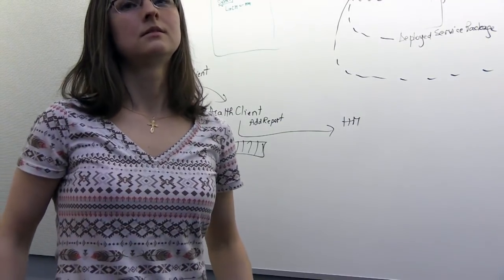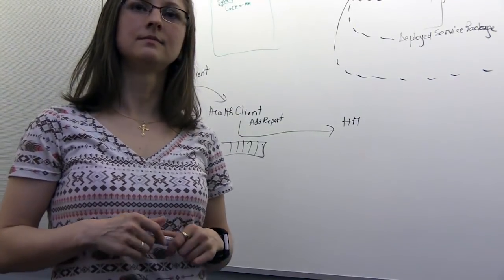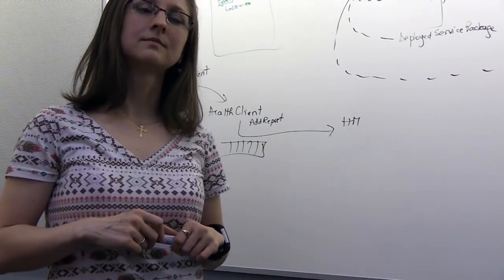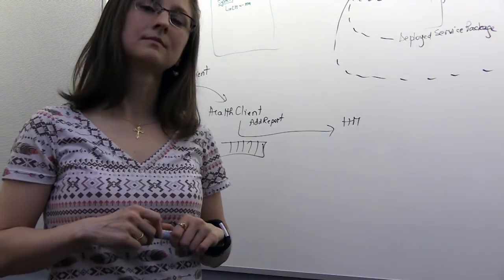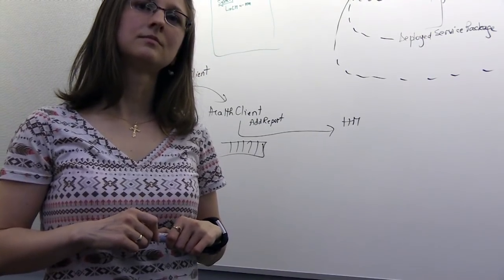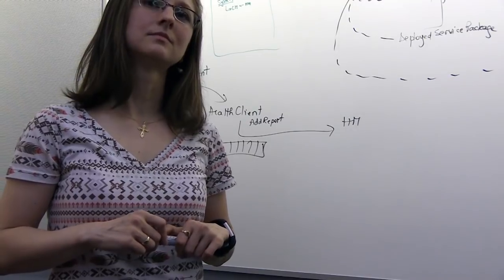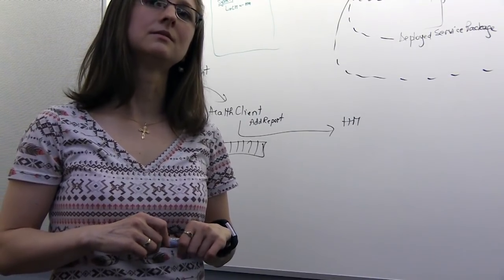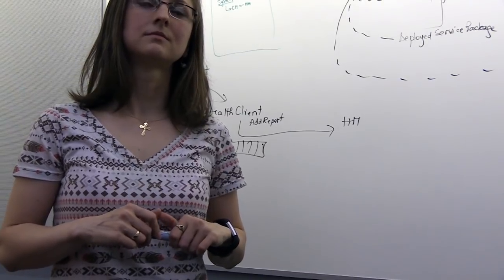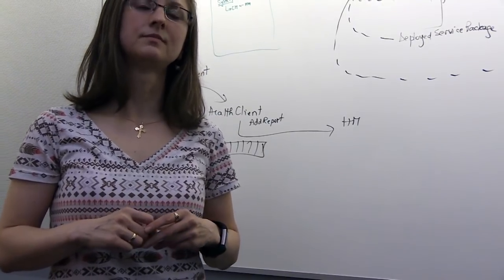Then I can say, if I reach this threshold, like 20% of my replicas have failed or quorum loss is happening at some percentage, here's how I'm going to handle it. I'm given that control as the owner of the cluster, and that's how people deal with health management.